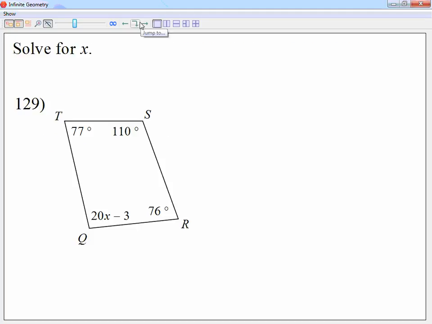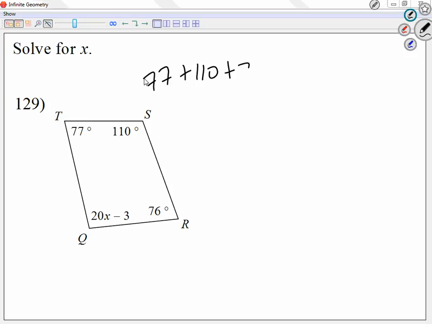Now looking at 129, solve for x, let me add all my angles. In this case, 77 plus 110 plus 76 plus 20x minus 3. Like so, I'm going to add all my angles. Now, since there's 4 angles, it's a figure that has 4 angles, how much should the angles add up to? 360. Good. Remember the formula n minus 2 times 180.